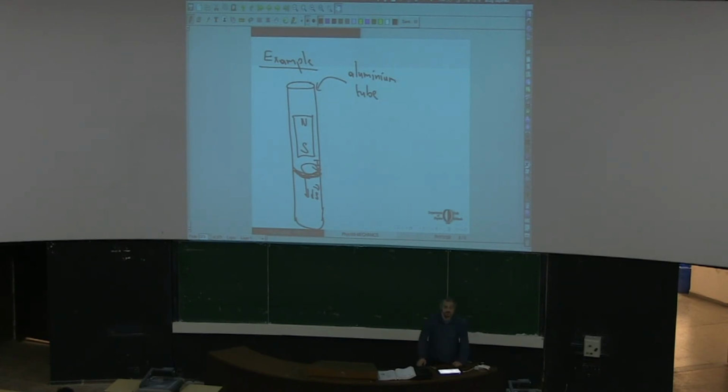So what is the sign of the flux? Positive or negative? What's the direction of the magnetic field?